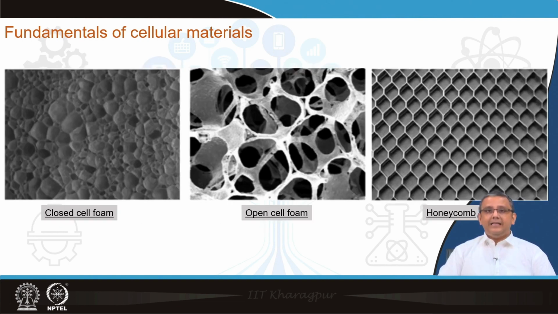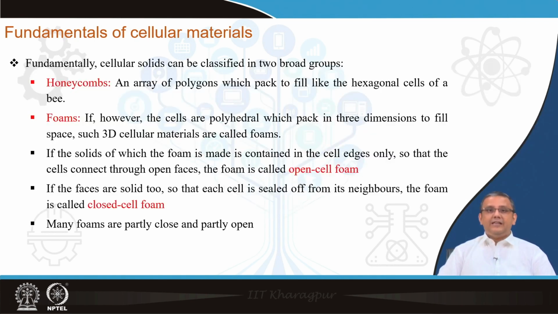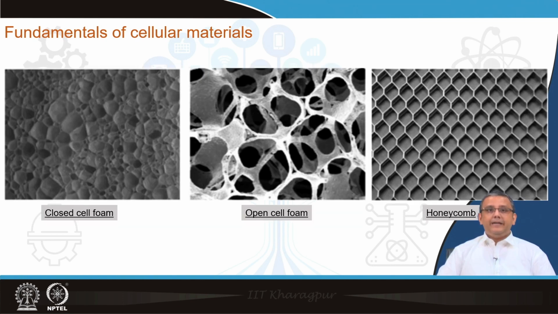As you can see, the middle picture of this slide shows an open cell foam. Whereas, if both the cell edges and the cell faces contain solid material, then we obtain a closed cell foam.